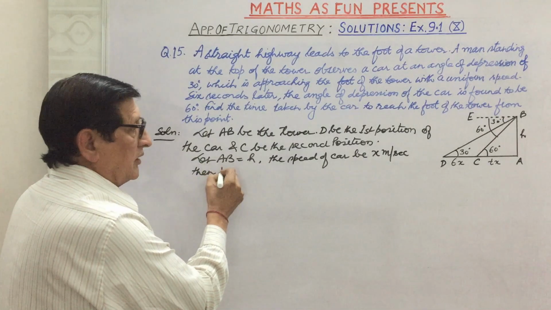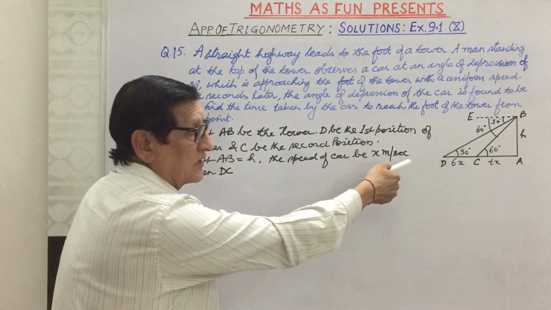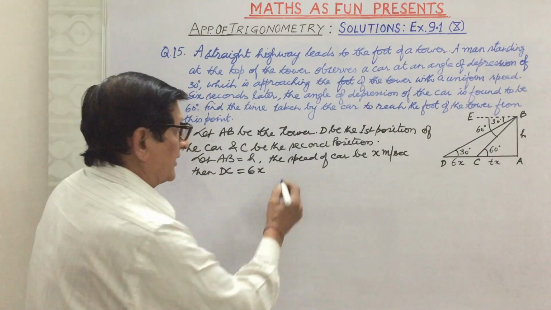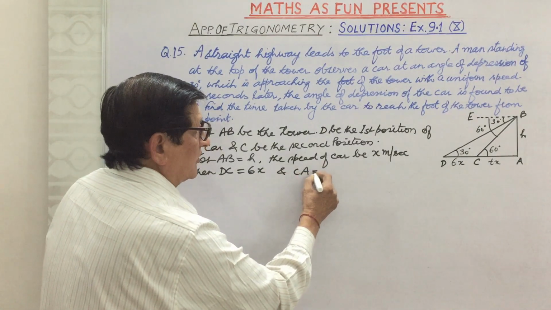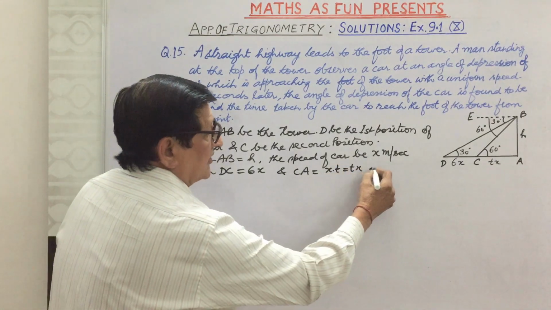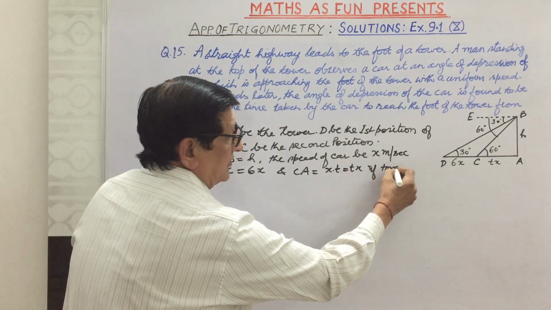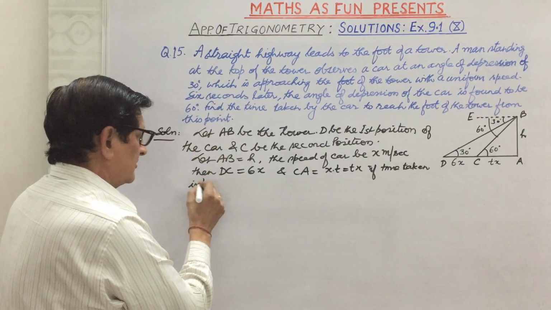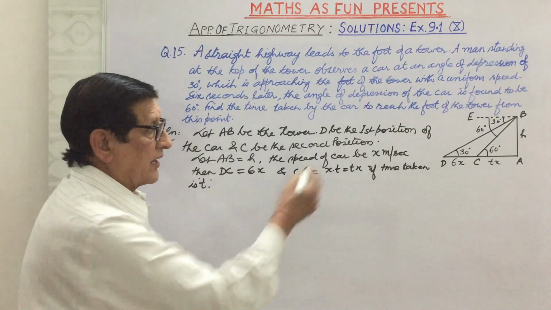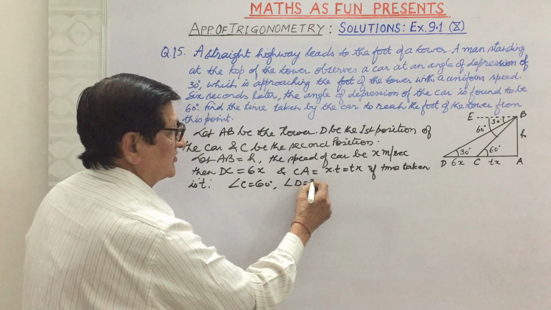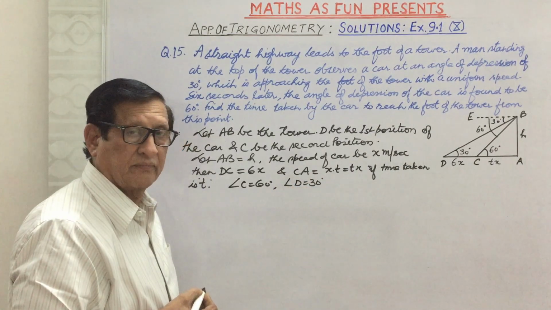Then DC is the distance covered by the car in 6 seconds, so this will be 6x, and CA is equal to x into t, or we can say tx if time taken is t. Angle C here is 60 degree and angle D is 30 degree.